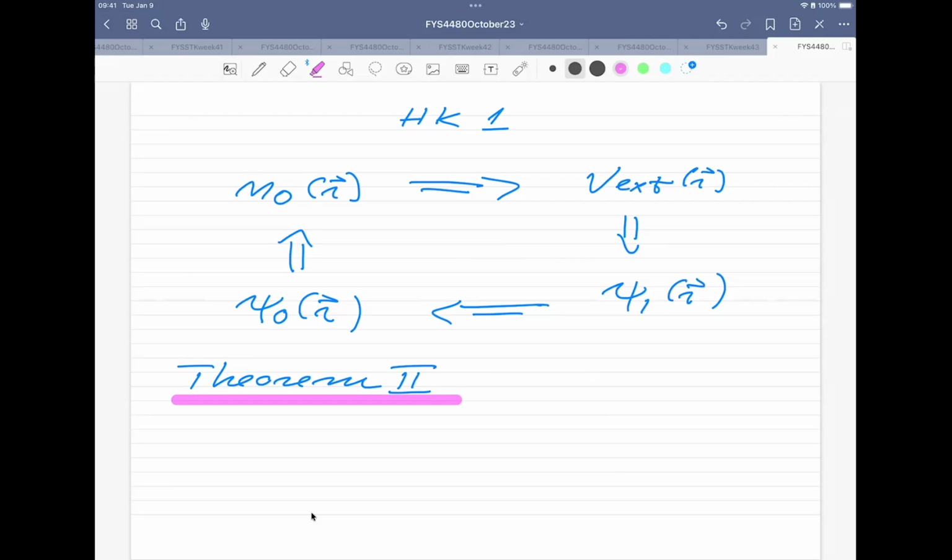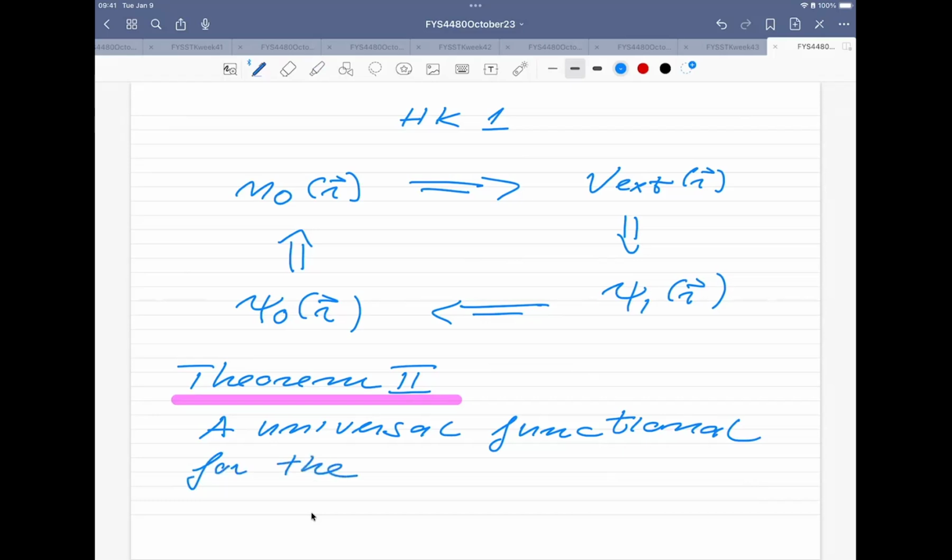So let's just write this down. A universal functional, and then we should take a break when you've written down all this stuff here. A universal functional for the energy. When I say the universal functional, this is actually this function F, which we defined, which contains the kinetic energy plus the interaction energy, and not the external potential, okay?